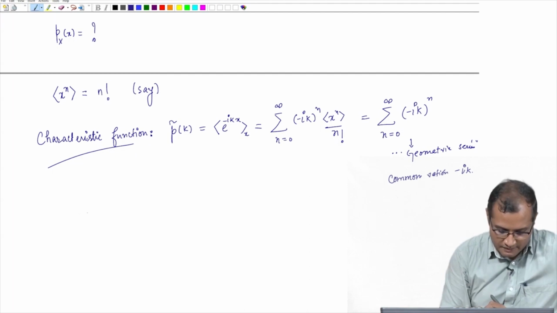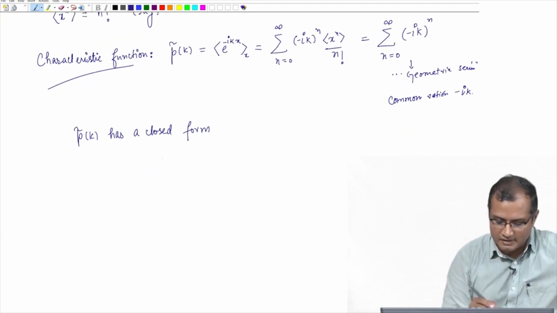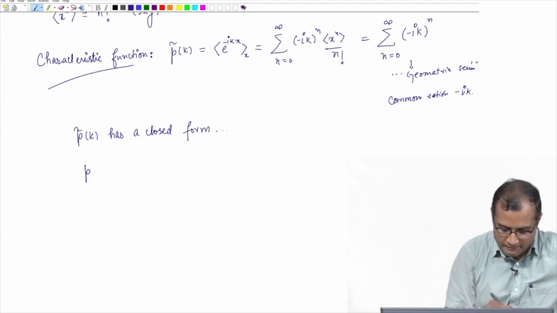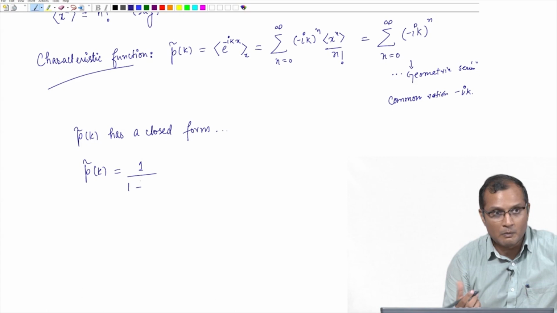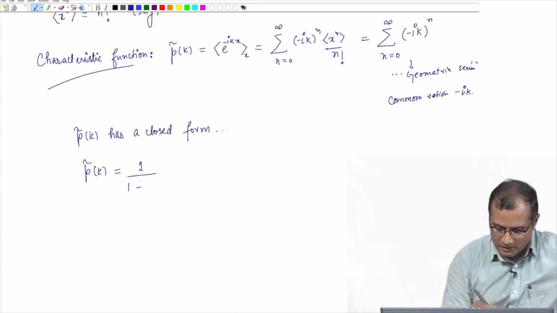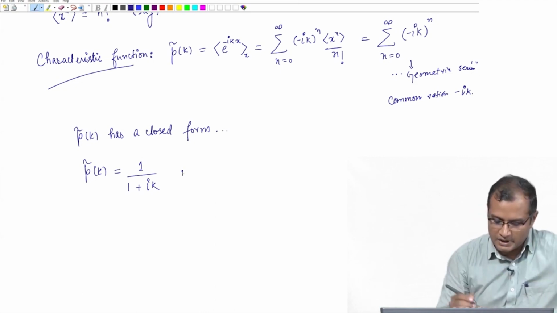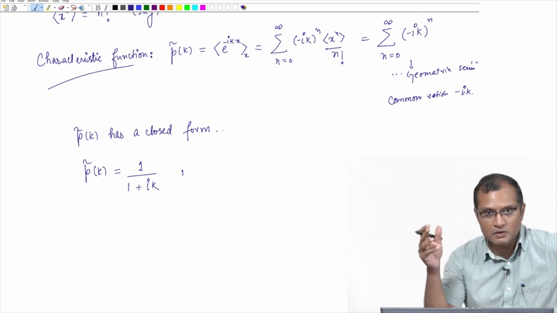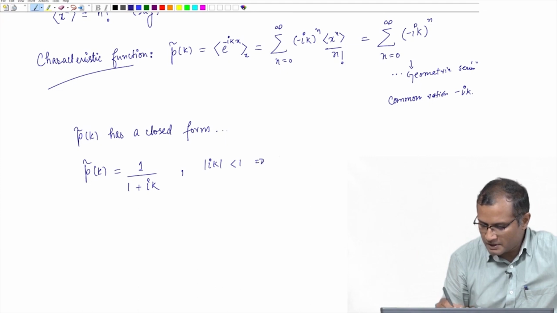So, the series has a closed form, and the closed form is given as just 1 upon 1 minus the common ratio, which in this case turns out to be 1 plus I k. But as we always know, the closed form for an infinite geometric series exists for mod of the common ratio less than 1, which is nothing but the statement that mod k should be less than 1.